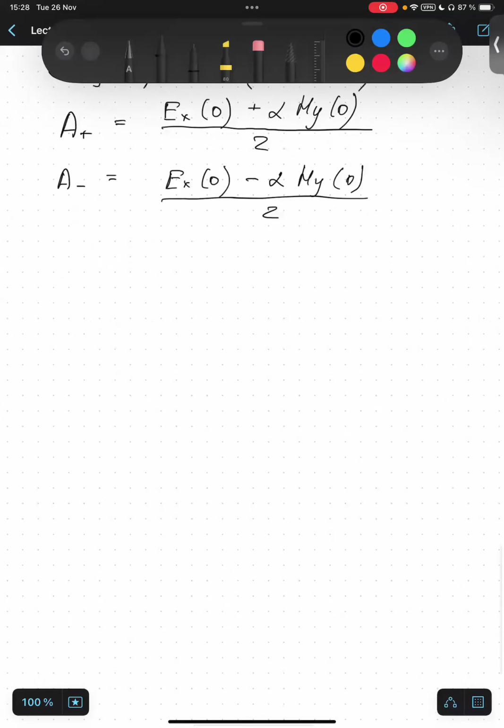So we finally can find how the T matrix looks like. So the field Ex at d1 boundary. Let's write it.